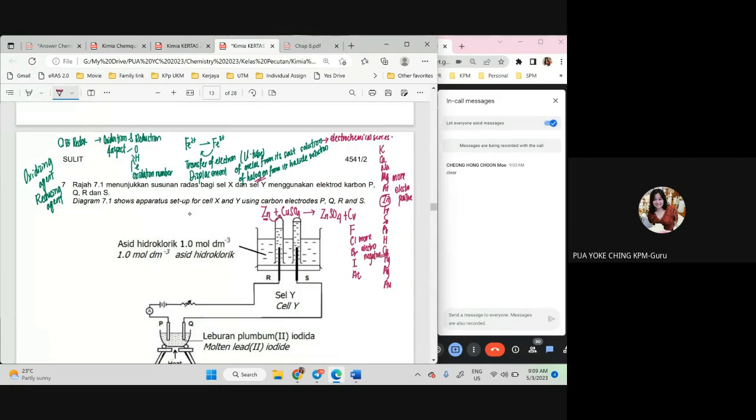Okay, because this is the negative ion. So example, it will be like Cl2 plus KI. So Cl di atas I, so it will become KCl plus I2. Balance equation 2, 2. Okay, so this is an example of displacement.